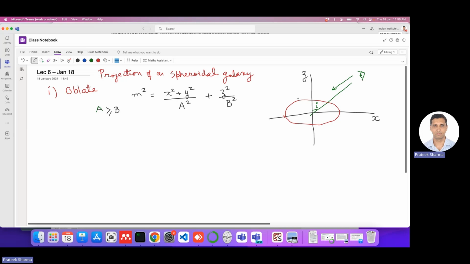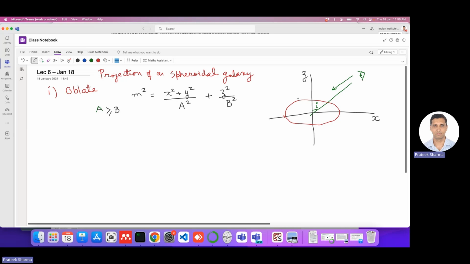It appears like an ellipse only, but its apparent axis ratio is different from its true axis ratio, right? So when you look at it edge on, you see the true axis ratio. If you look at it face on, you see that it's a circle.